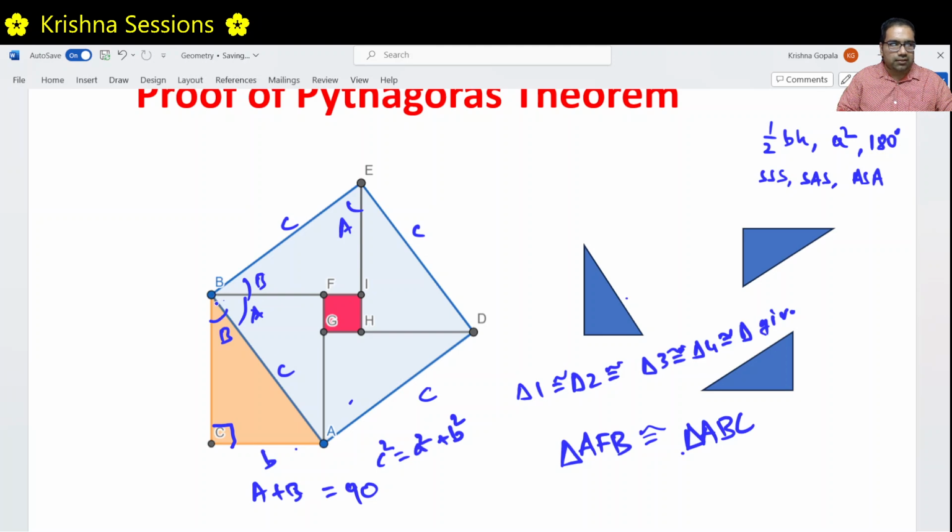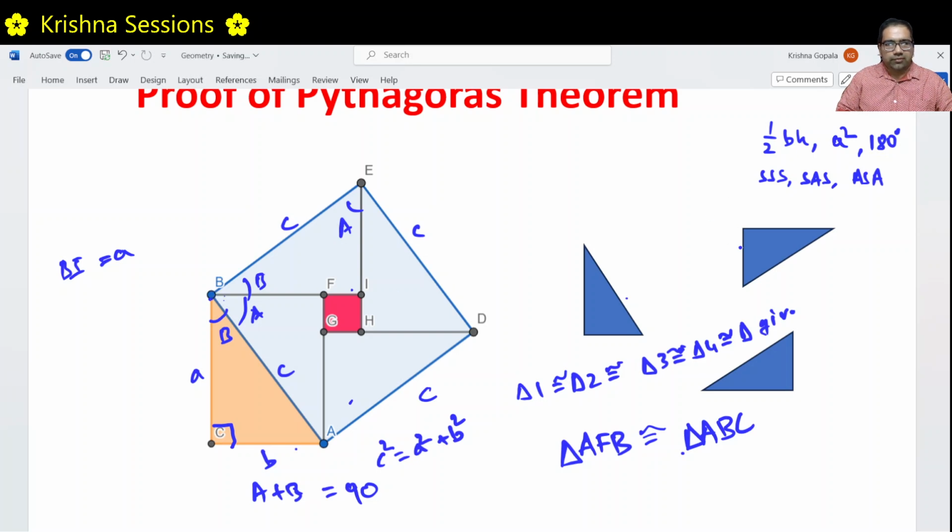This entire line's length is A. Right. What does that mean? BI is equal to A. Right? BI is equal to A. This part from here to here. And BF is equal to B. Right? Because all the triangles are same.